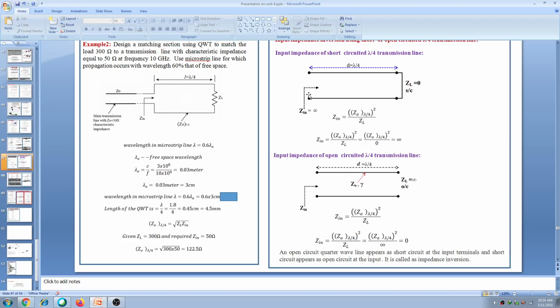If I connect a source here, what we are expecting is, this is a short, so infinite current must go. But that doesn't happen here. Current is not drawn by this short circuit. There is no current flow here, because between these two terminals it looks like an infinite impedance.